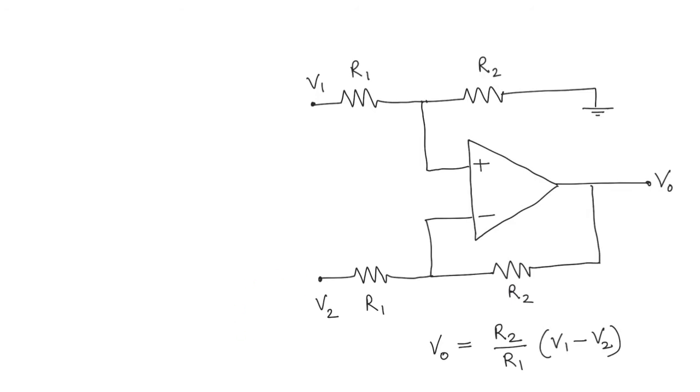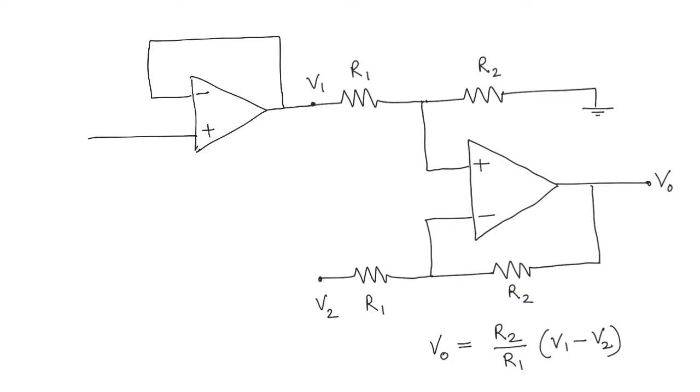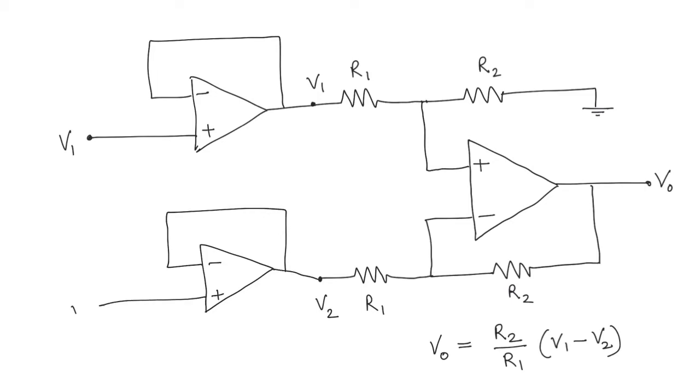So one solution to that would be to connect voltage buffers at both V1 and V2, right? We looked at that as well in a previous video. So let me just draw that. One solution is to put a voltage buffer here and connect the source V1 here. Similarly, we can connect a voltage buffer here and connect V2 here.